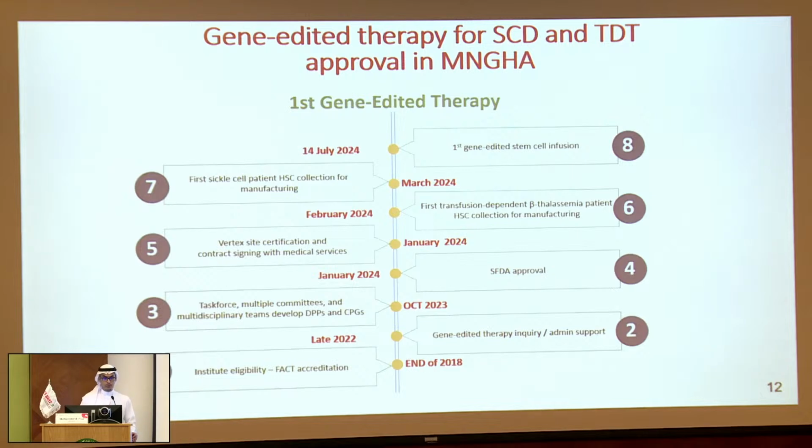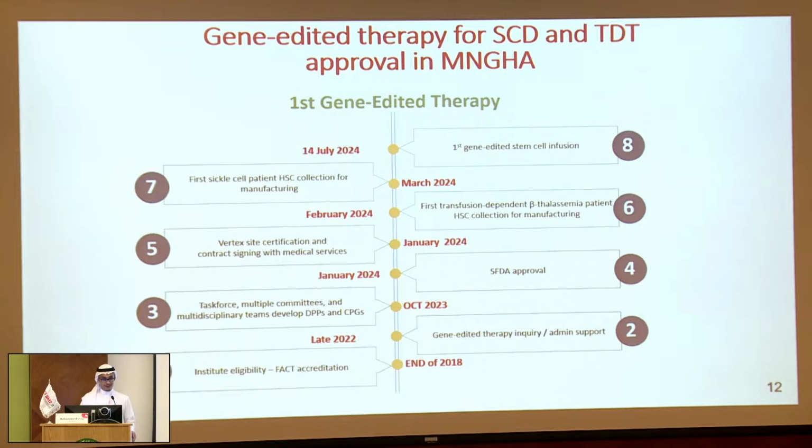So the first patient was collected in February, a transfusion-dependent thalassemia patient, a 12-year-old at that time. Now he's almost 13. And the first sickle cell patient was collected by our adult colleagues in March as a starting point, who requires multiple collections, because the difficulty in collection is more in sickle cell than in thalassemia.